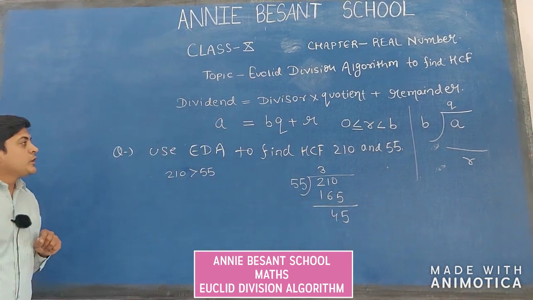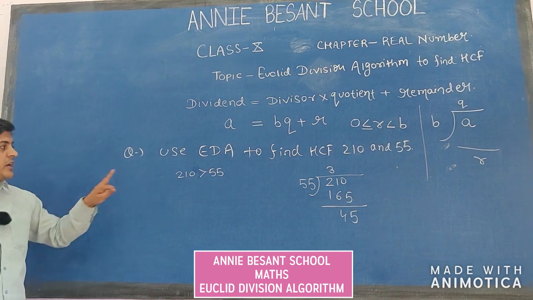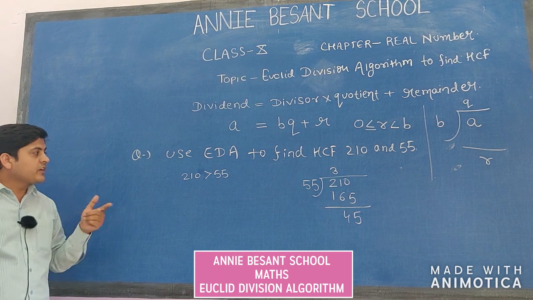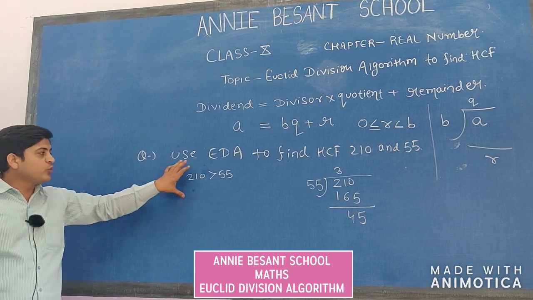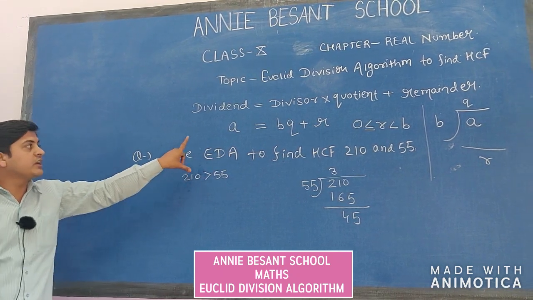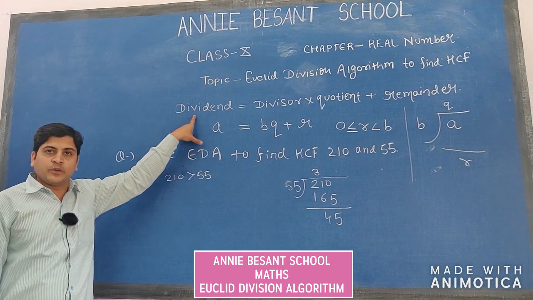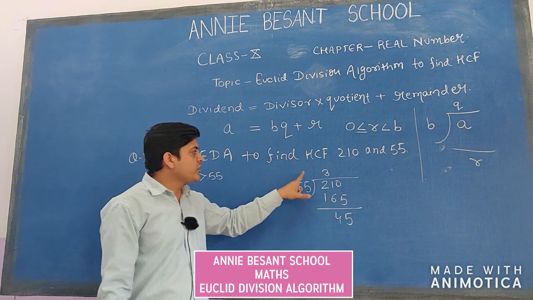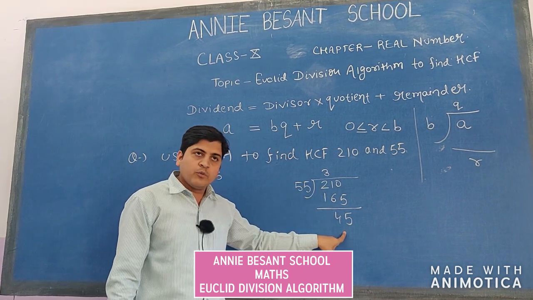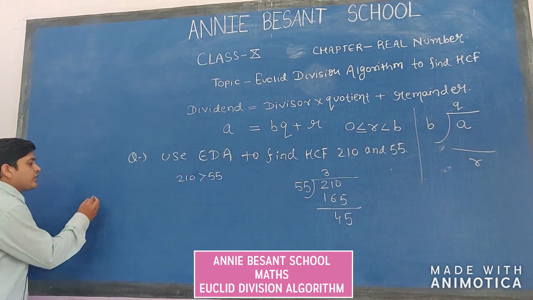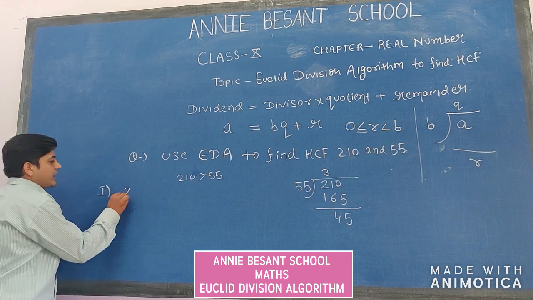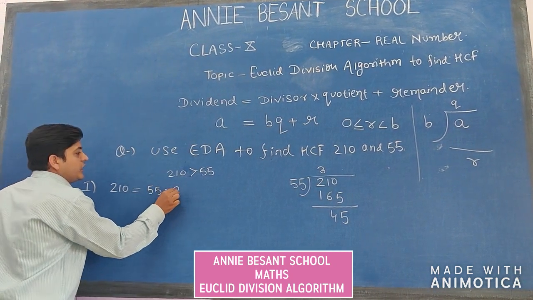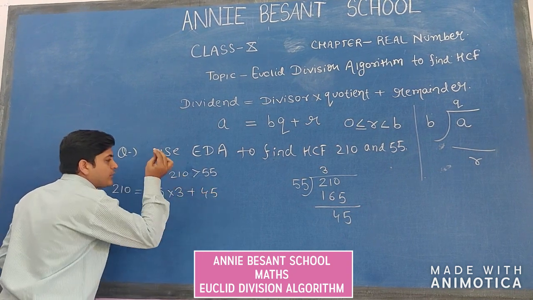So 210 is considered as our A, or we can say it is the dividend. We divide that number by 55. The quotient is 3 and the remainder is 45. So in the very first step, we write 210 is equal to 55 into 3 plus 45.